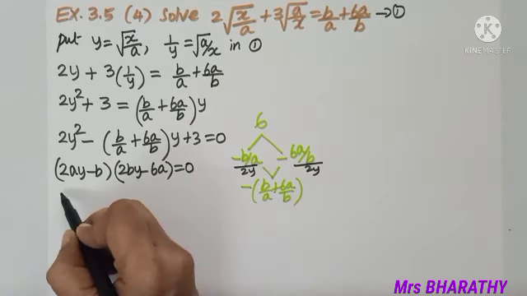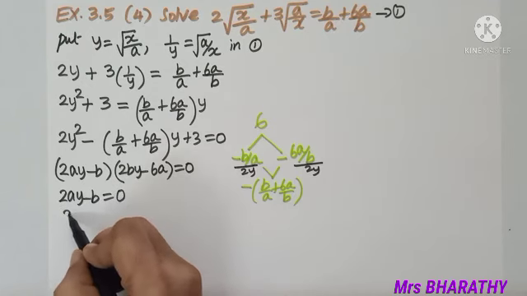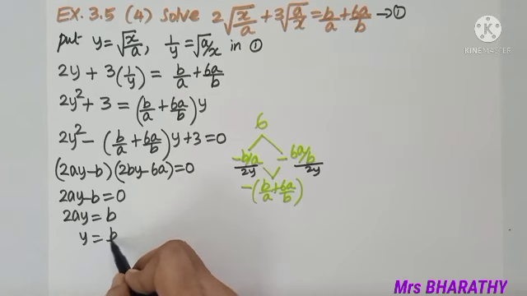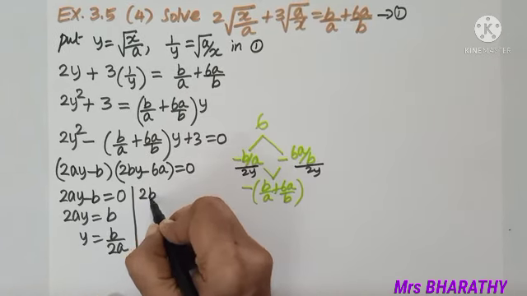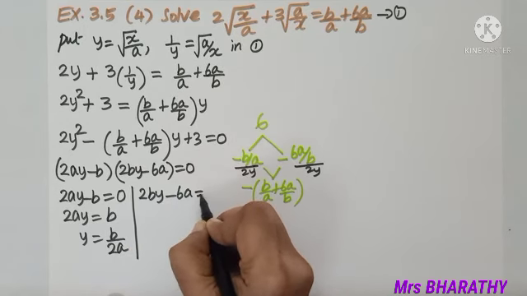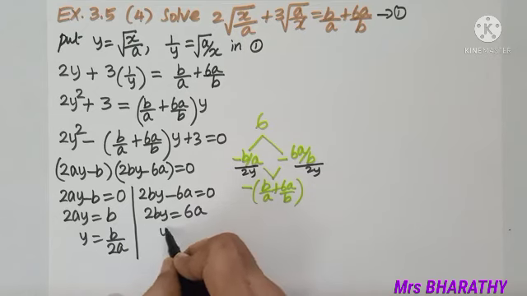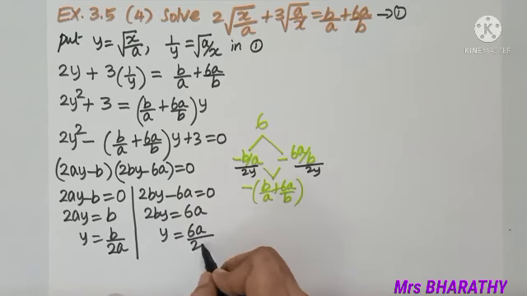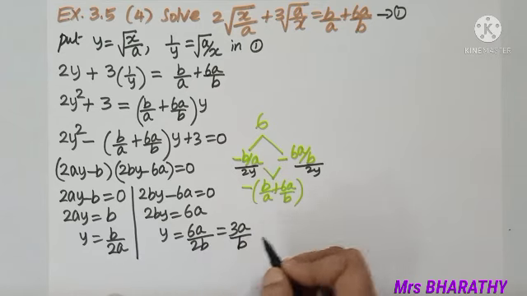As we check, 2ay minus b is 0, or 2ay equals b, y equals b by 2a. The second factor, 2by minus 6a is 0. 2by equals 6a, or y is equal to 6a by 2b, cancelling 2, it is 3a by b.